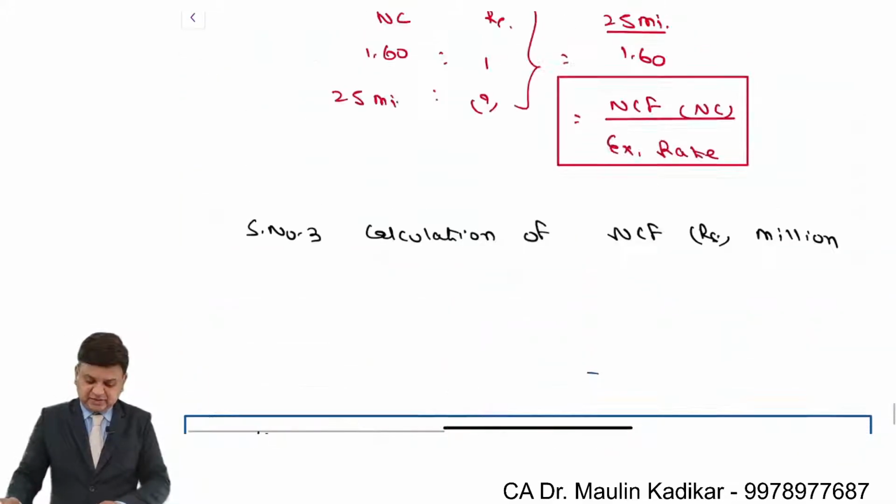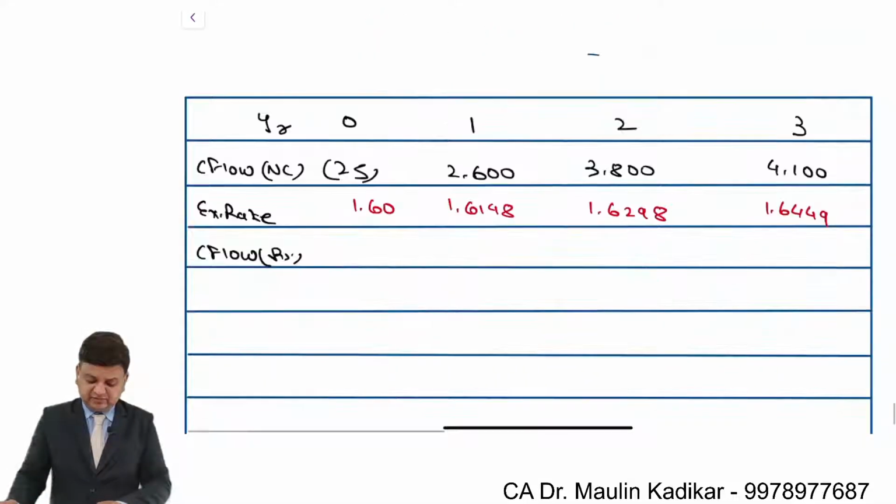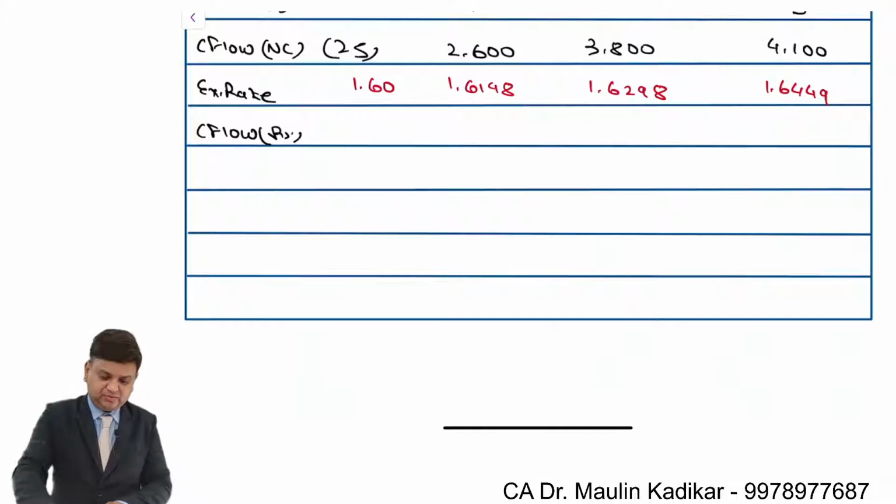As per the calculation that we have made over here, foreign currency cash flow divided by exchange rate will be the domestic currency cash flow.